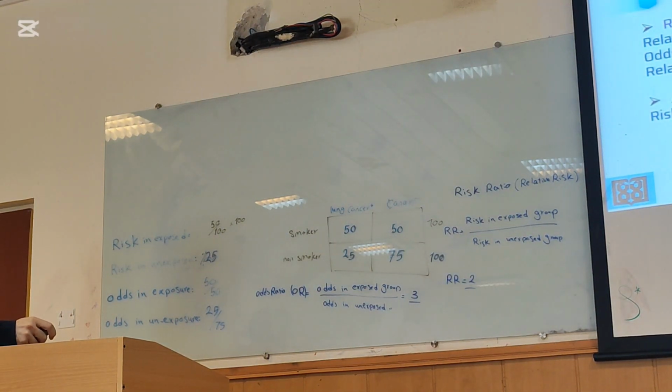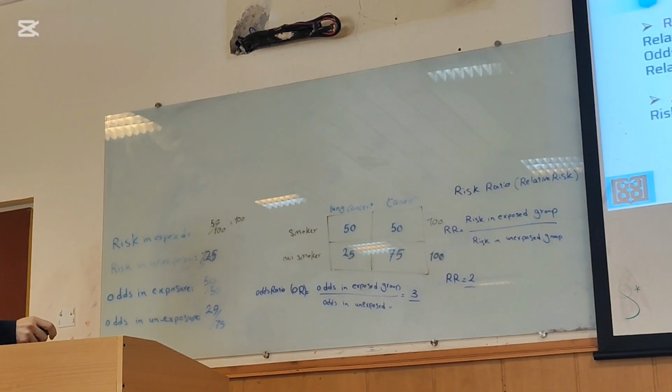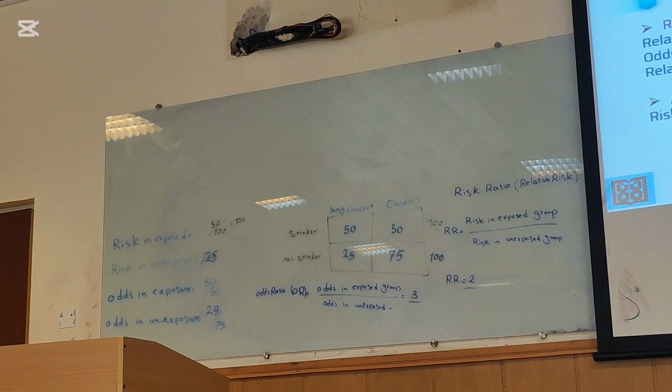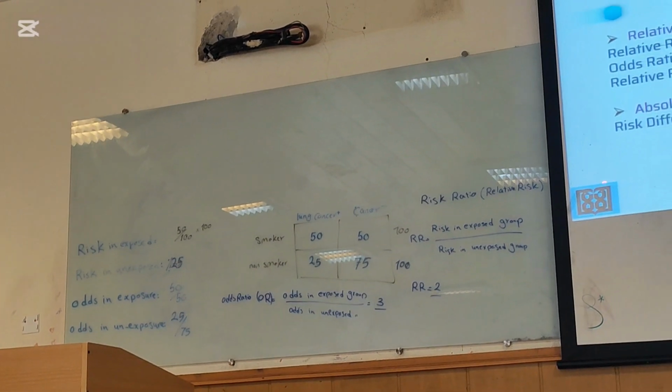Relative risk is a ratio-based measure, based on multiplying and dividing, and the other one is difference.